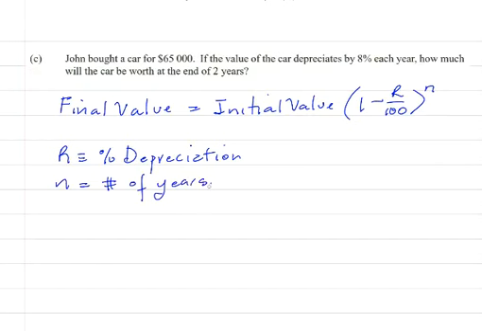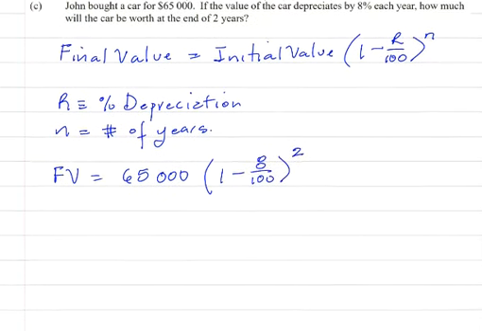Alright, the initial value of the car. So now my final value would be the initial value, which is 65,000, multiplied by 1 minus the percentage depreciation, which is 8, so it's 1 minus 8 over 100, and this is to the power of 2. We want to find the value after 2 years.